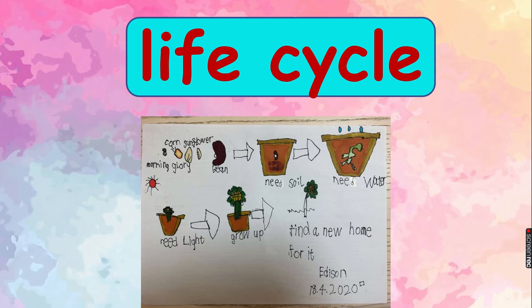This is the life cycle of a sunflower plant by Edison. From bean, and then the bean grows, and then it has flowers, and then you put it in a new home. Once it has seeds, you can plant the seed again, it becomes a new plant, and the process just goes over again and again.